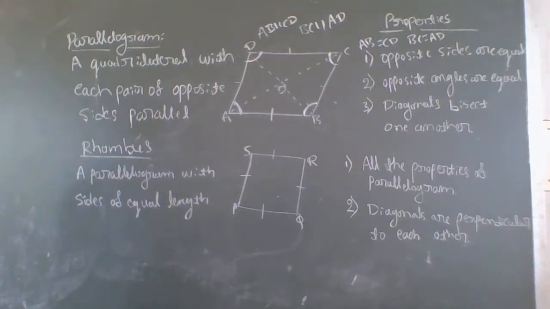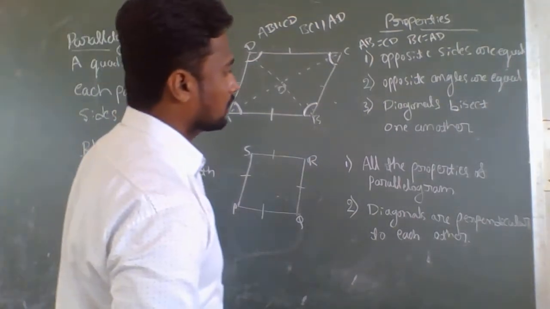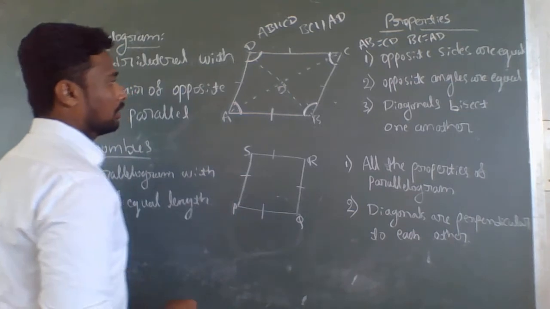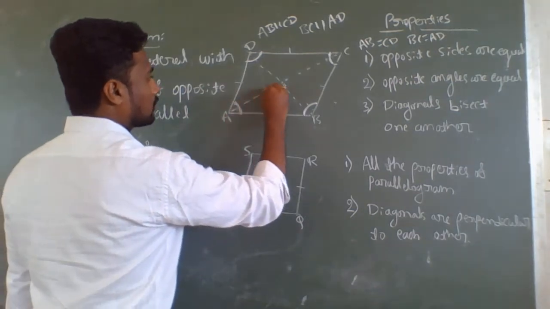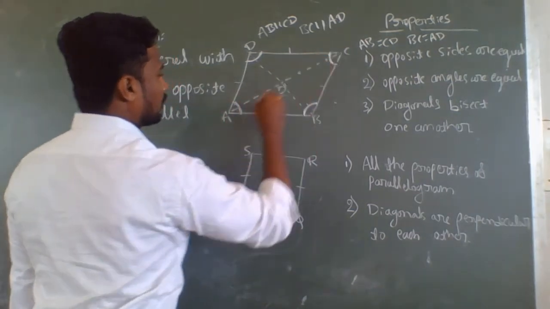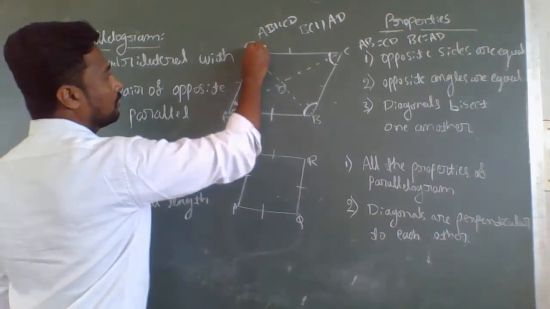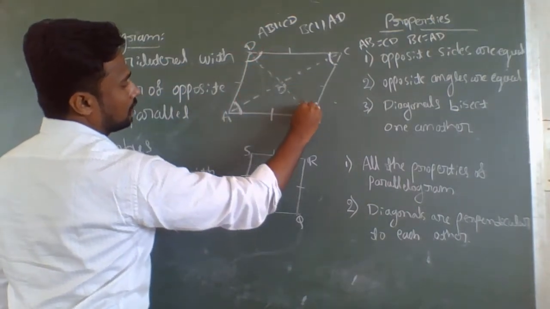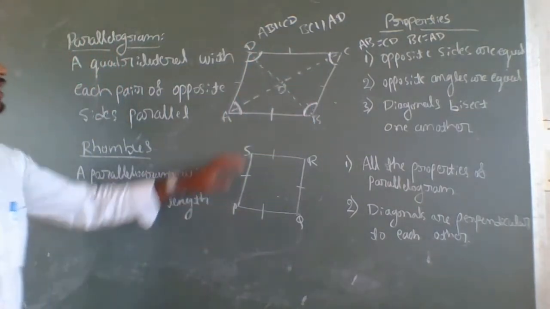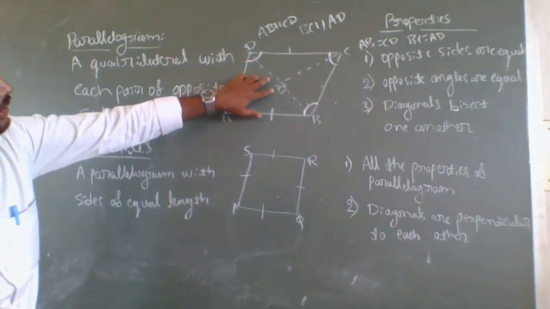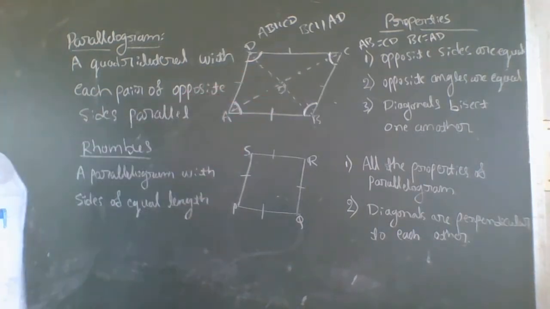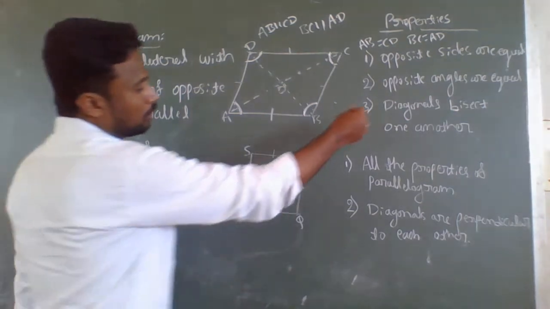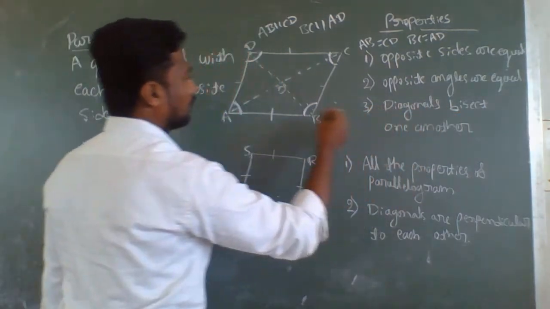Next one, diagonals bisect one another. So these are the diagonals, which connect non-consecutive vertices, and these two diagonals intersect at a point O. So what is the property? Diagonals bisect one another.